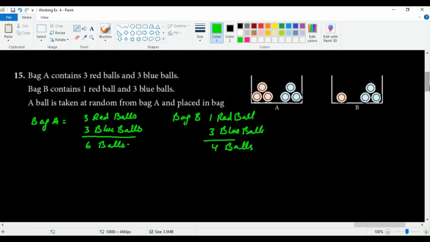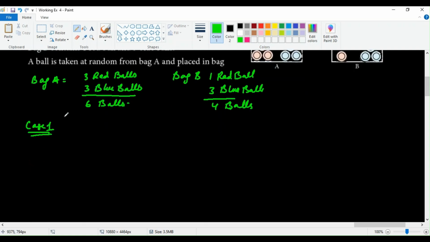Now, when it comes to case 1, first case, it says a red ball is transferred from bag A to bag B, and second case is a blue ball is transferred from bag A to bag B. Two cases are given already.